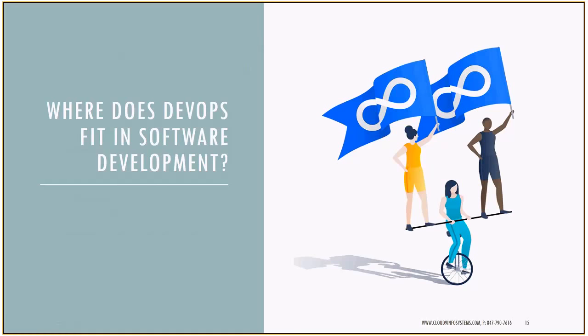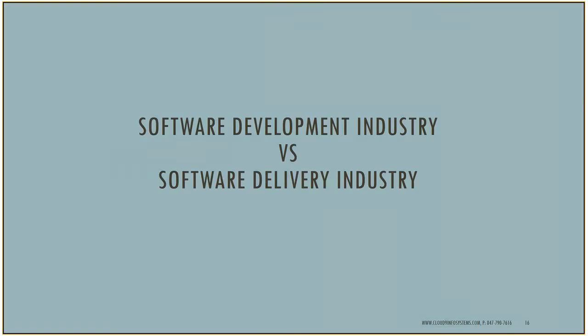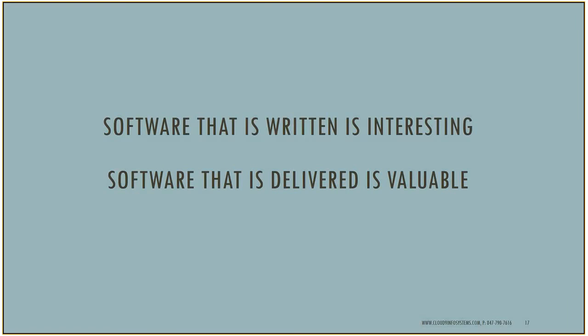Because they don't just write code, they test the code, they come up with the ideas for the features, they do the deployments, they do everything that it takes to get that software delivered. Software that's written is interesting, but software that's delivered, now that's valuable. So if nobody can use your stuff, it's probably not capturing any value. Now delivered software means you're actually capturing some value from it.